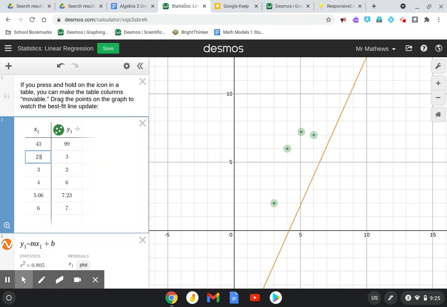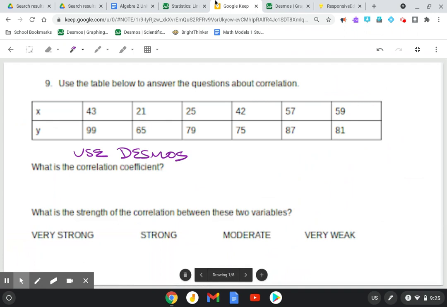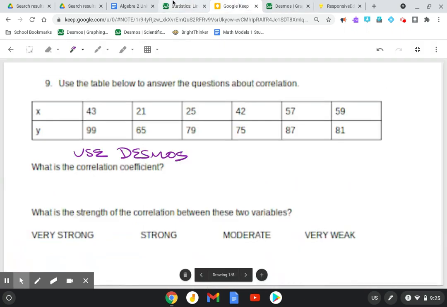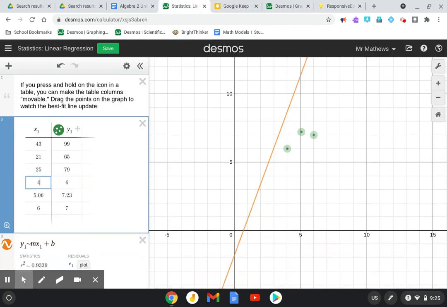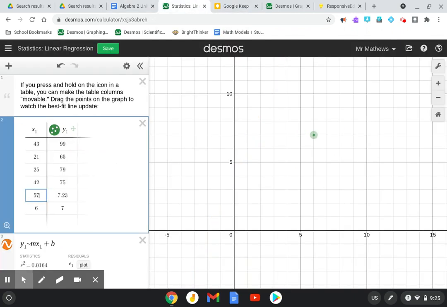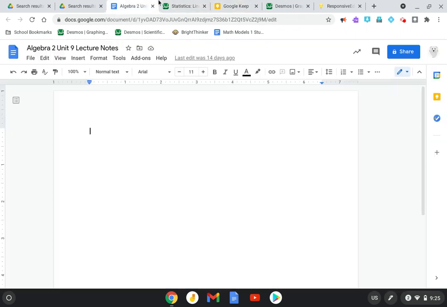21 and 65. 25 and 79. $42 and $75. $57 and $87. And lastly, $59 and $81.